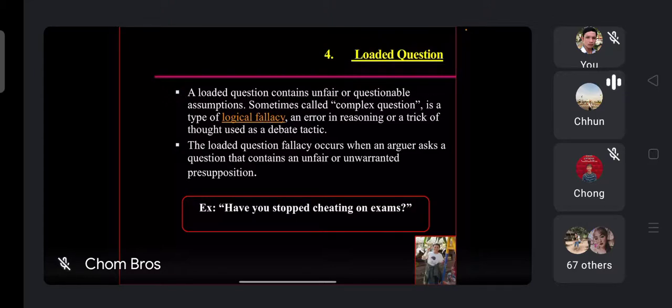But if you were to answer yes, you would be implying that you most likely cheated on exams in the past. So no matter what you answer, yes or no, it sounds like you have been cheating. Questions like this are dangerous not because they are based in falsehood, but because they are typically answerable only by yes or no. Next slide, please.